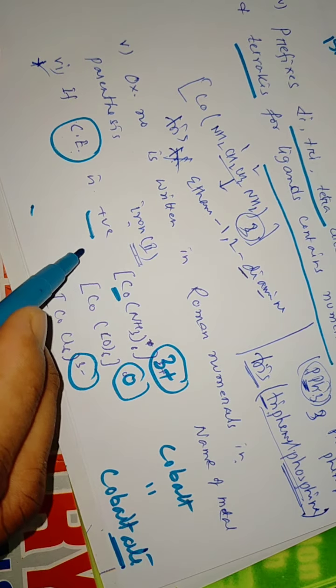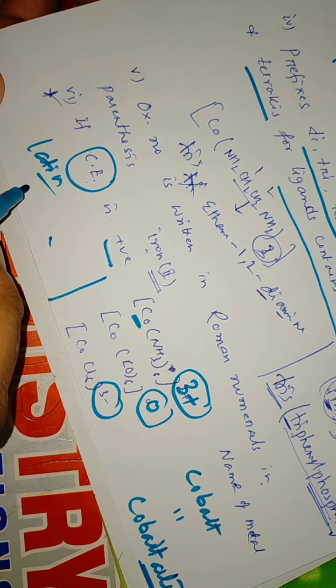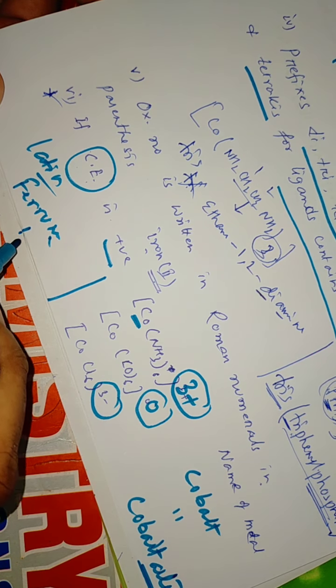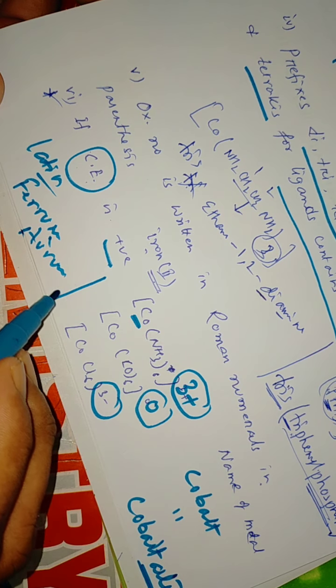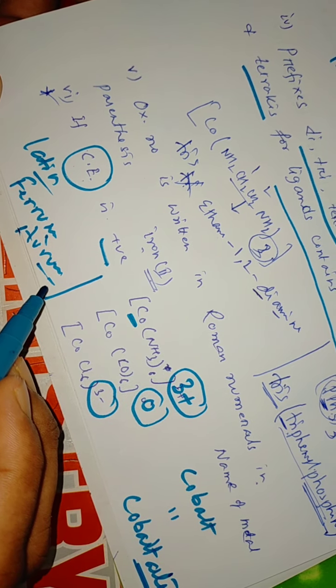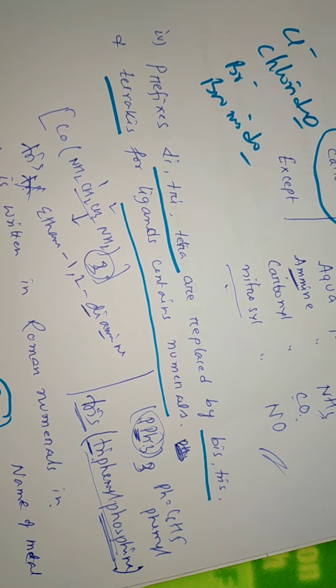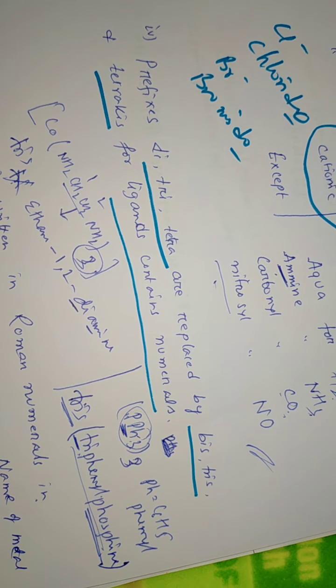But in here also sometimes Latin names are used. For example, ferrum for iron, aurum for gold, like that Latin names are used. So these things you require to remember. In some cases we have to use the Latin name.